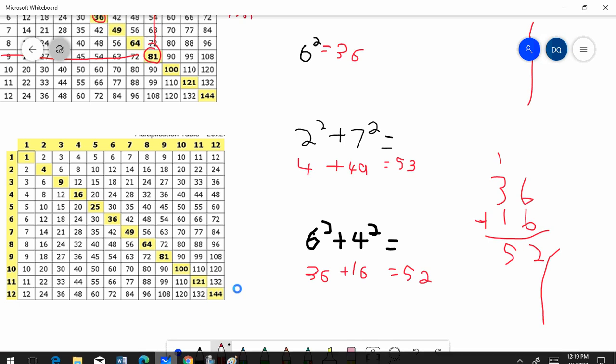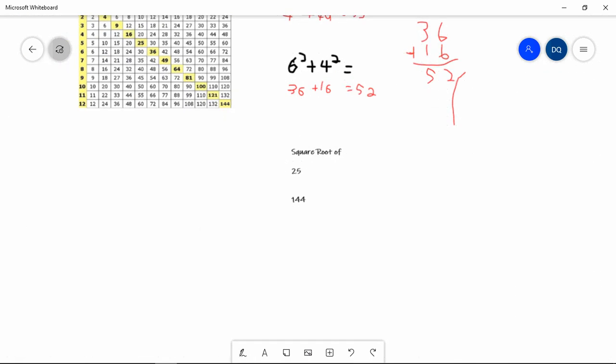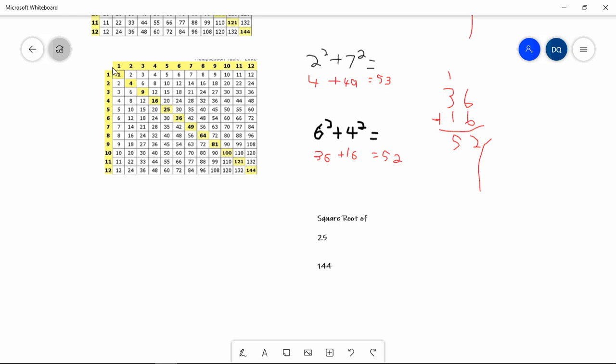And then the last section of practice questions, you're being asked, what is this the square root of? So when we see 25, we look along the diagonal for 25 and find the number that must be multiplied by itself to give you 25. So the answer to that one is 5.